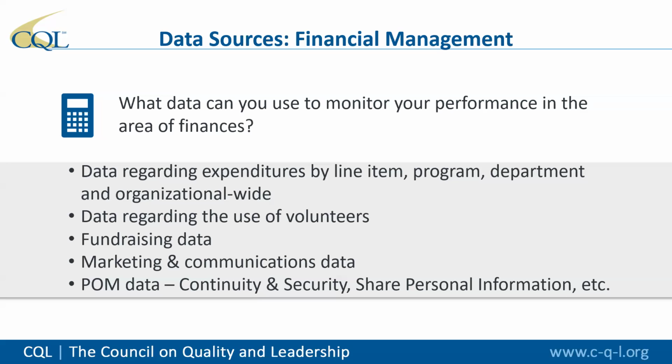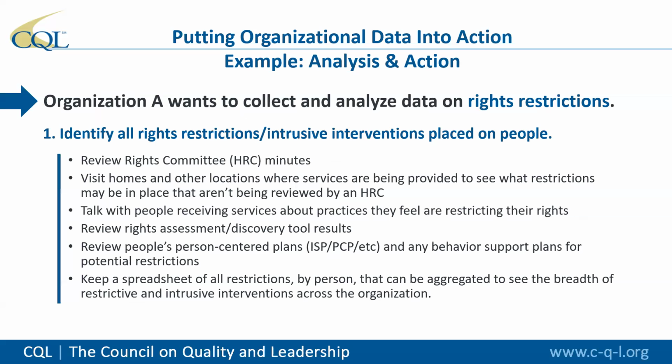And then, of course, again, POM data. There's always some good POM data that can be looked at in this area as well. So just a little bit of different types of information and data that you could look at. Again, certainly not an exhaustive list, just some simple ideas that can get you started if you're not there yet.